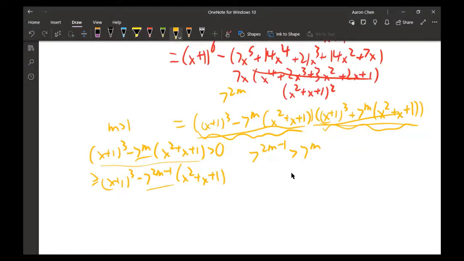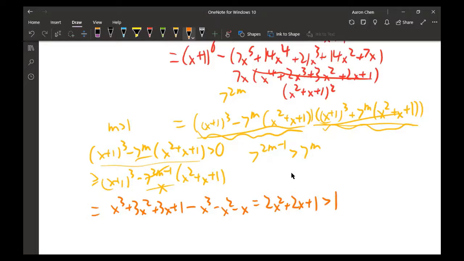And so now we can substitute this value back in for x. And so what that gives us is x cubed plus 3x squared plus 3x plus 1 minus x cubed minus x squared minus x, or 2x squared plus 2x plus 1.